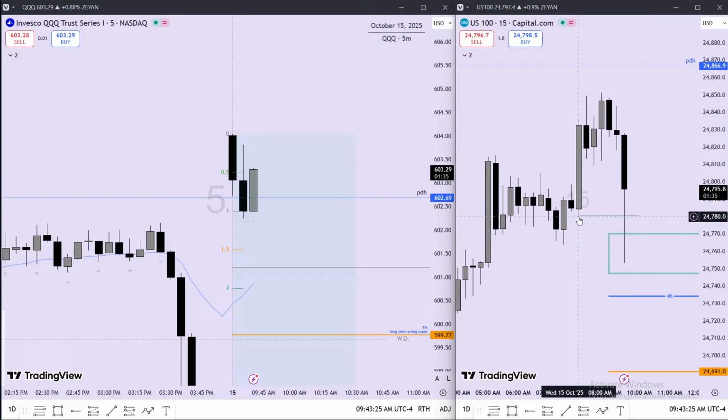Bears failed to close below this last 8 a.m. candle on the 15 minutes, which was the last validation.